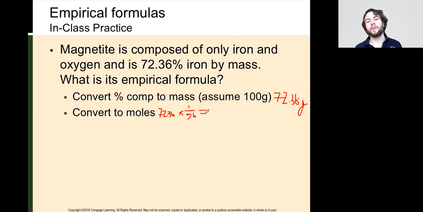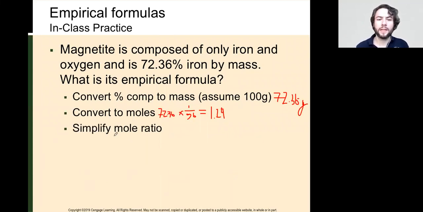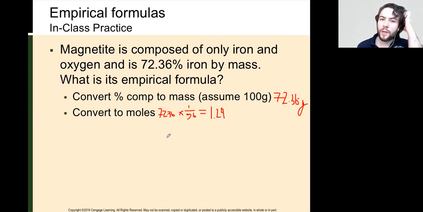So 72.36 times 1 over 56 should be about 1.29, as far as I remember. 1.292 maybe. Okay. Then next step is to simplify the mole ratio. So this was iron on this side.